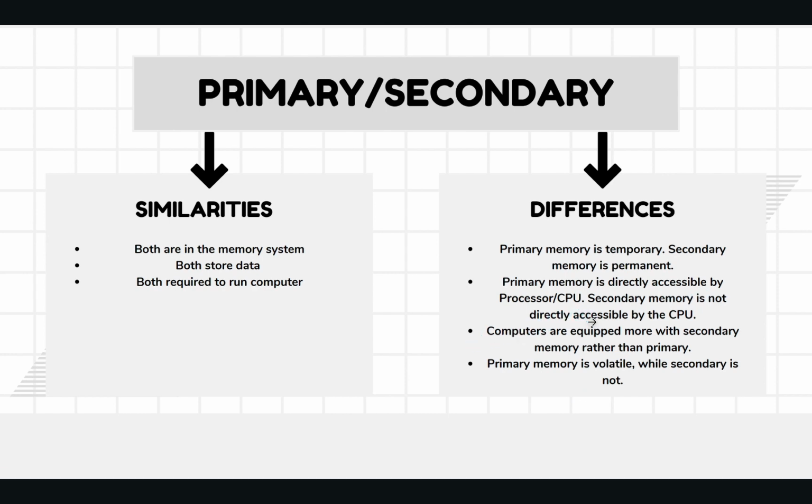As we saw in the last lesson, the RAM, primary memory, is directly connected to the CPU by buses. However, secondary memory is not directly accessible by the CPU. And computers are equipped with more secondary memory than primary, because secondary memory has a lot bigger amount of place where the data could be stored, and it's more efficient.